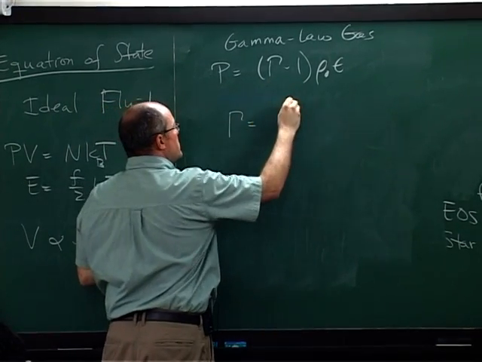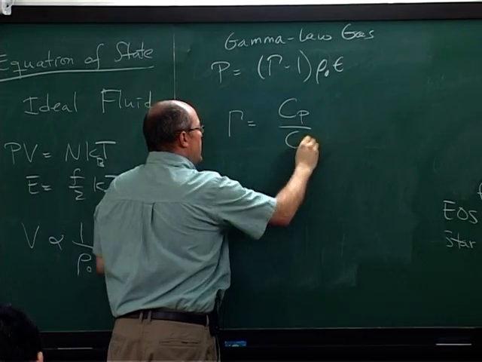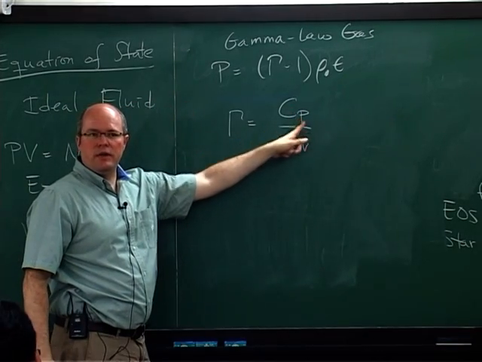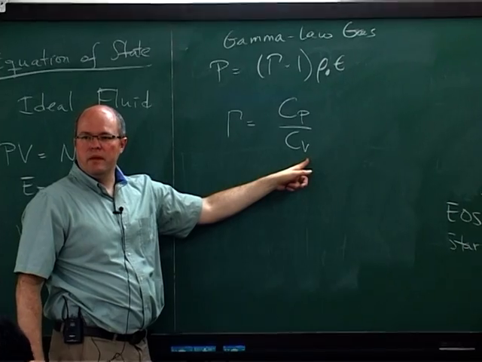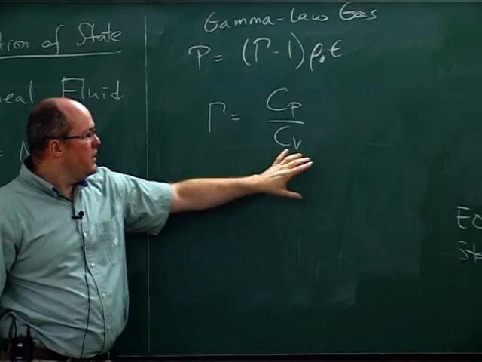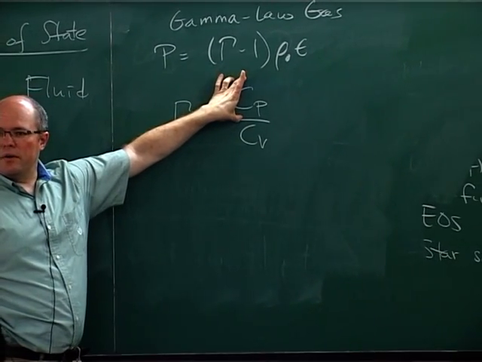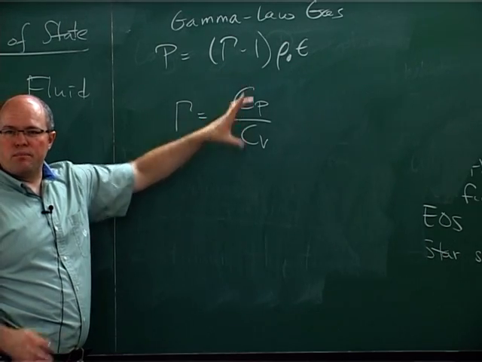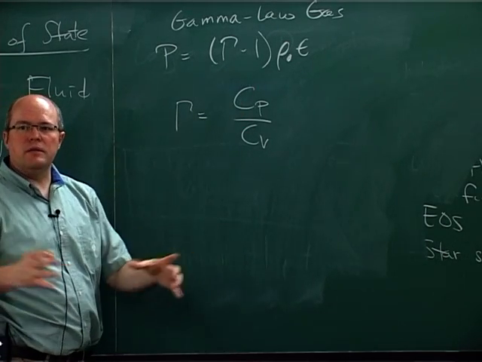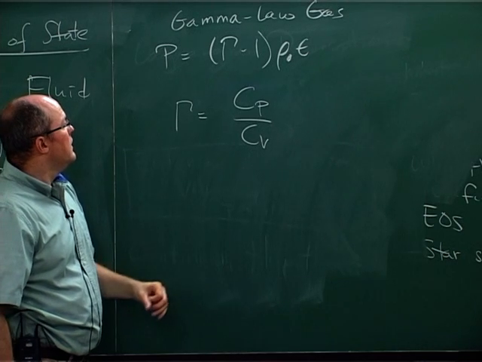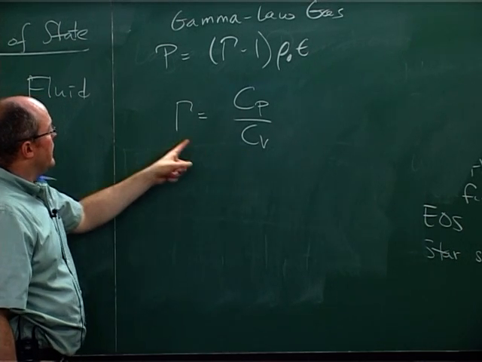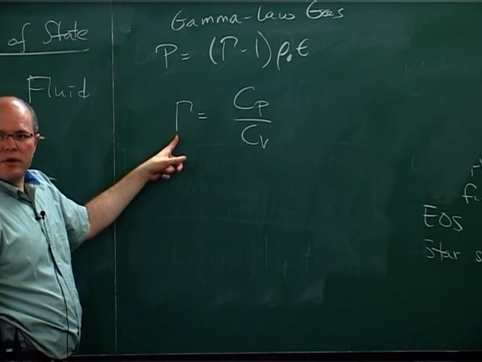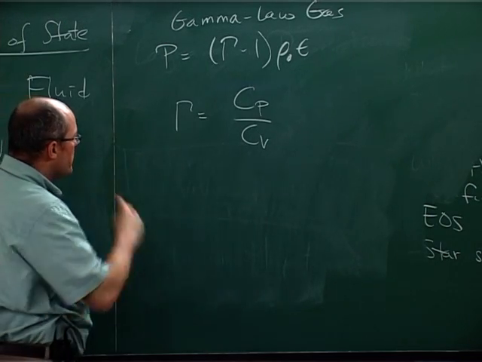The capital gamma is the ratio of the heat capacity at constant pressure to the heat capacity at constant volume. As you remember, the number on top is bigger because when you work at constant pressure, you have to do work again to maintain constant pressure. And so gamma is a number bigger than 1.